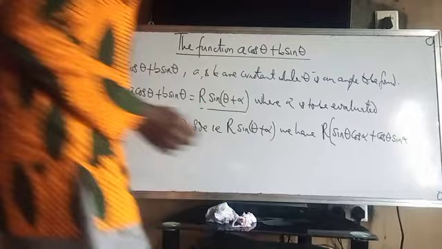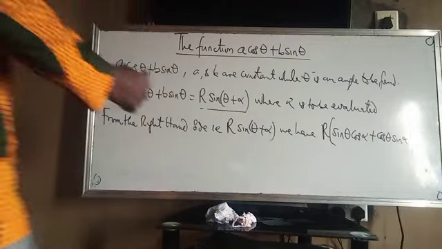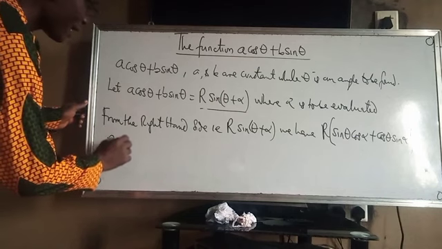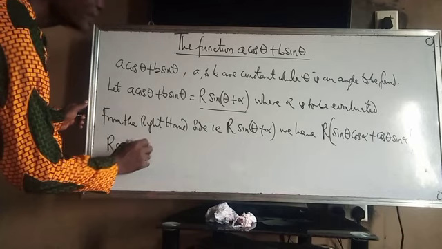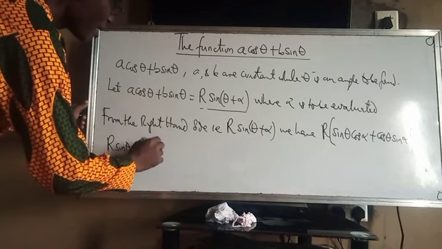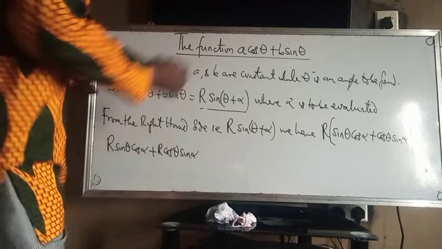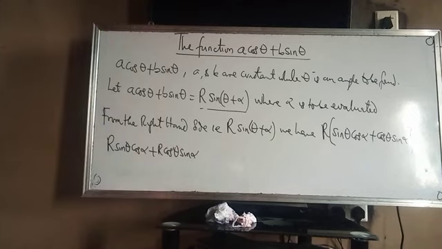I hope you can still remember that; we've done this previously. So when you expand everything, you have r sine theta cos alpha plus r cos theta sine alpha. That is what the right hand side expansion will give us.